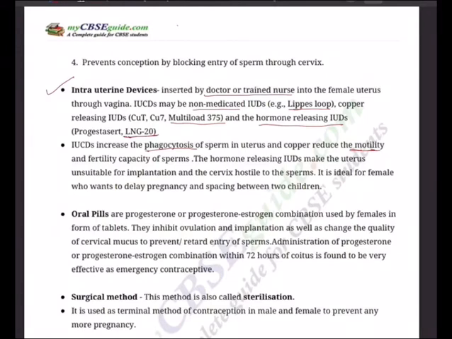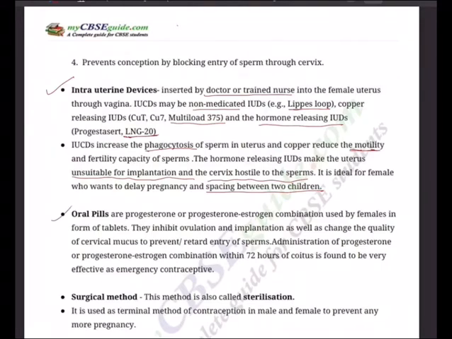The hormone releasing IUDs such as LNG-20 make the uterus unsuitable for implantation, and the cervix hostile to sperms. It is ideal for females who want to delay pregnancy and space between two children. Instead of having one child every year, the parents can plan like a 3 to 4 years gap.